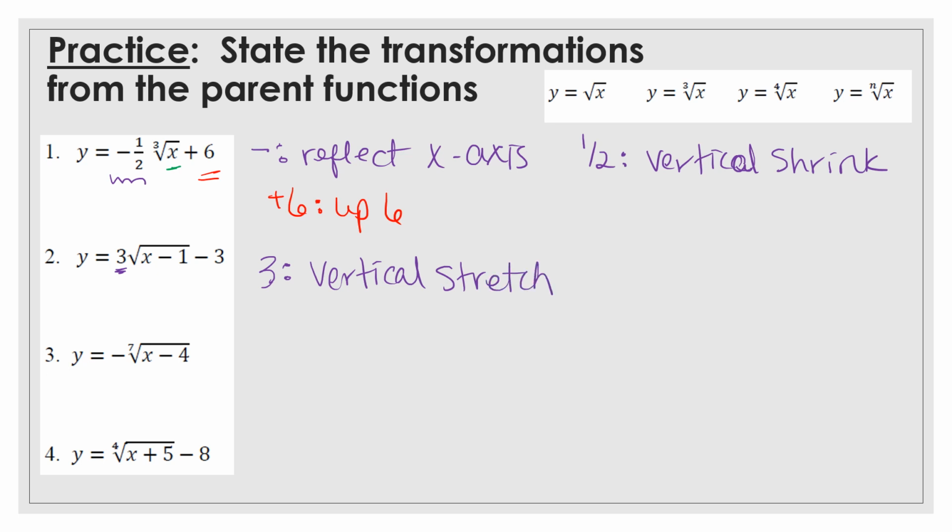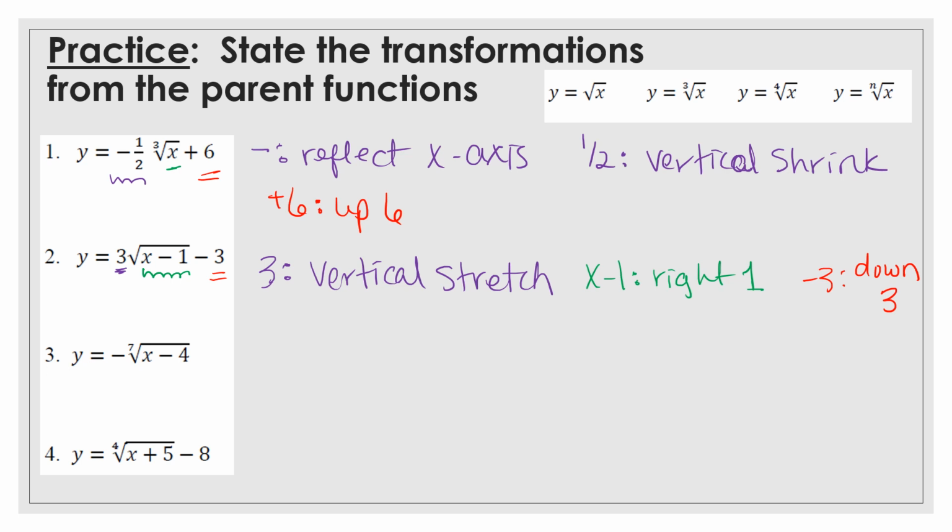The x minus 1 under the radical always tells us to do the opposite, so we are going to travel to the right 1 unit. And last but not least, the minus 3 at the back end does exactly what it says, go down 3, and that'll split up your range.